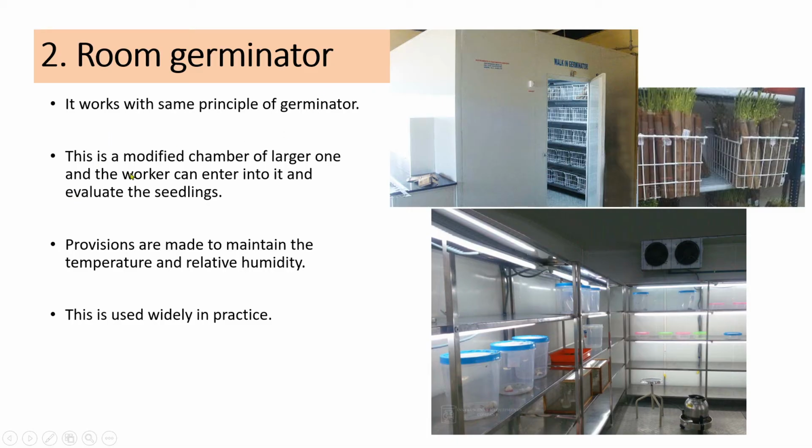This is a modified, large chamber, and the worker can enter it and evaluate the seedlings. Inside it you can do germination tests for a huge number of samples. Provisions are made to maintain the temperature and relative humidity inside the room. This is widely used in practice, usually in seed companies.